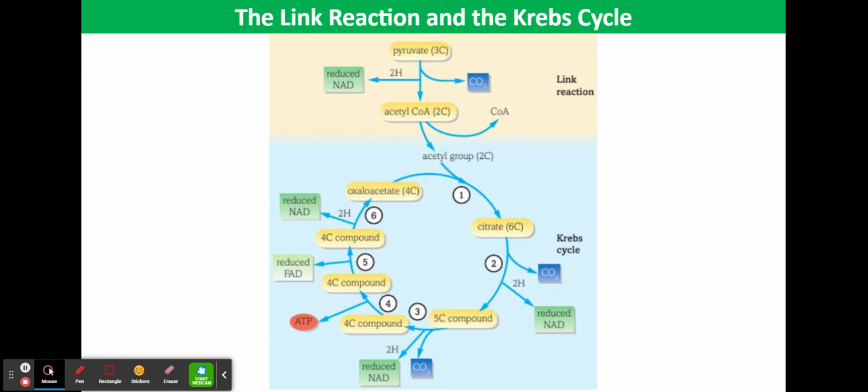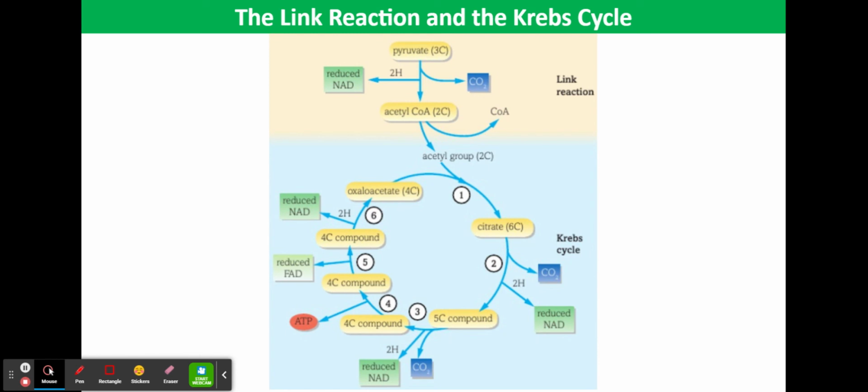Number 5. The 4-carbon compound is dehydrogenated, producing a different 4-carbon compound, as well as a molecule of reduced FAD. Number 6. Rearrangement of the atoms in the 4-carbon molecule, catalyzed by an isomerase enzyme, followed by further dehydrogenation, regenerates a molecule of oxaloacetate, so the cycle can continue.